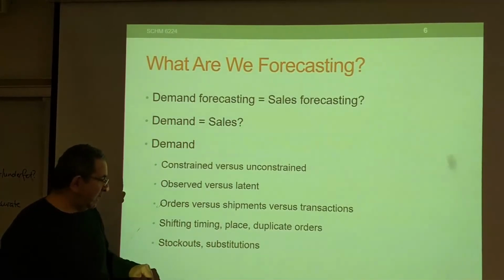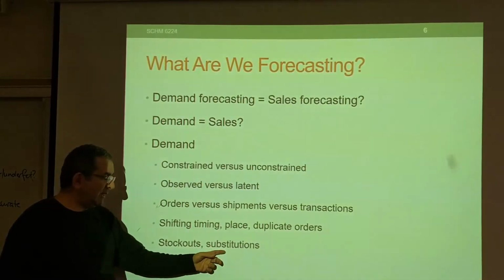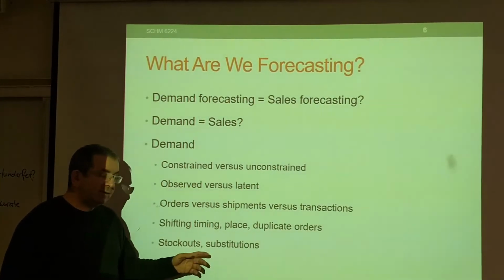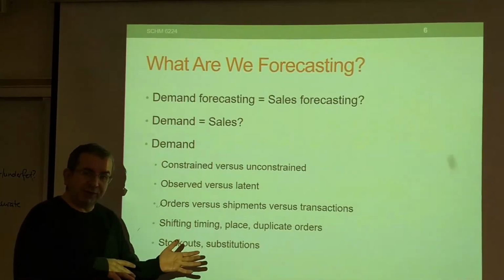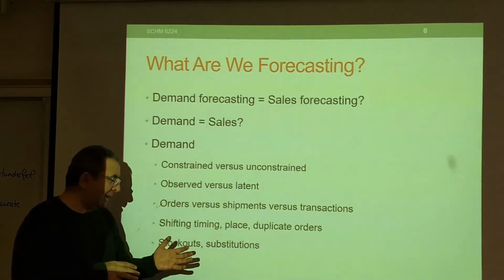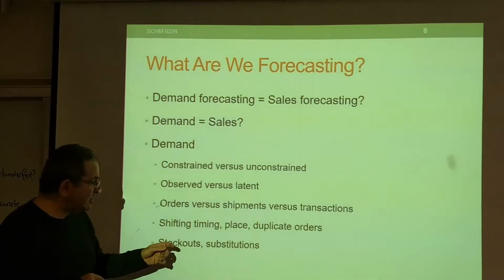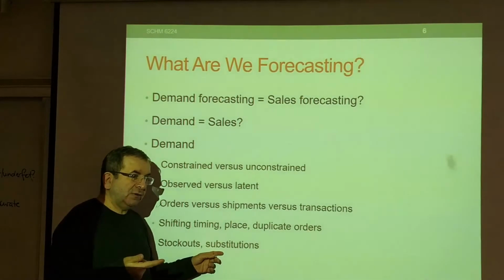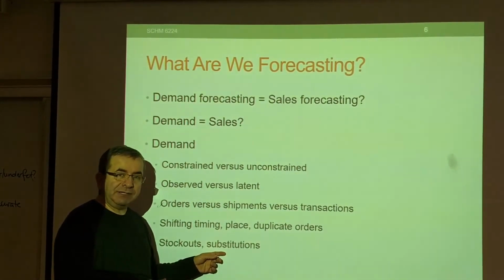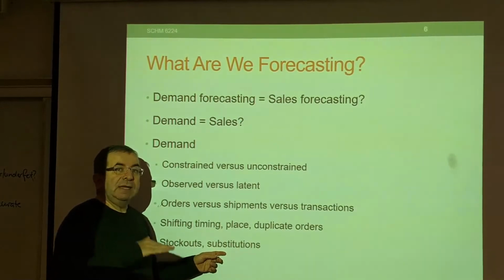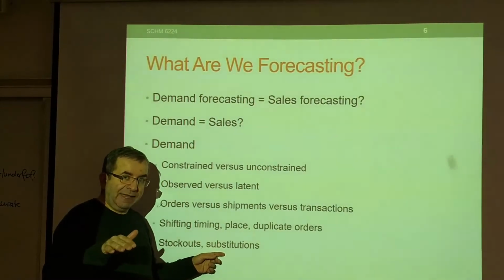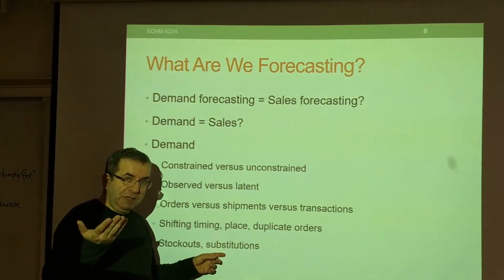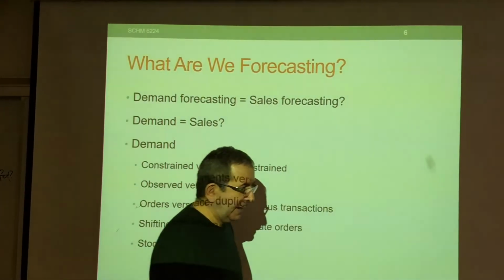Okay. What happens if customers substitute one product for another? When that happens, the demand for the product which is out of stock will be underestimated. The demand for the substitute will be overestimated.